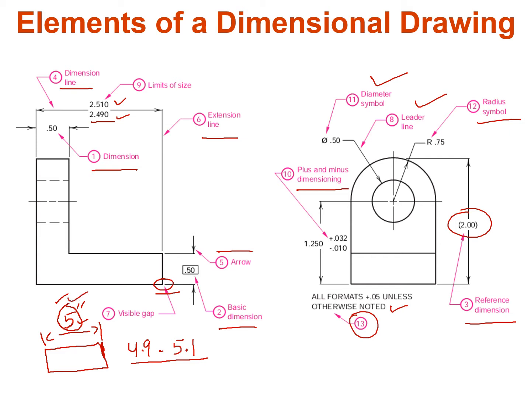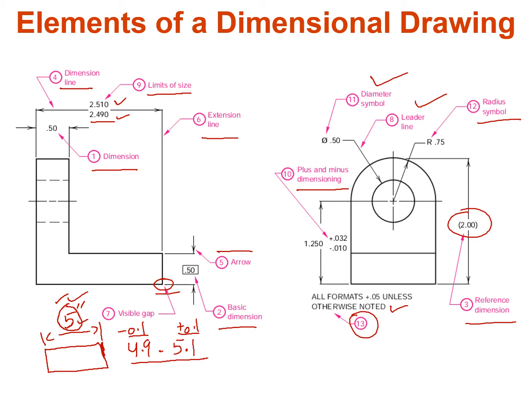So I can vary from this 5-inch plus 0.1, and I can vary from it minus 0.1. So these are the limits, and this plus minus actually are the limits of these sizes.